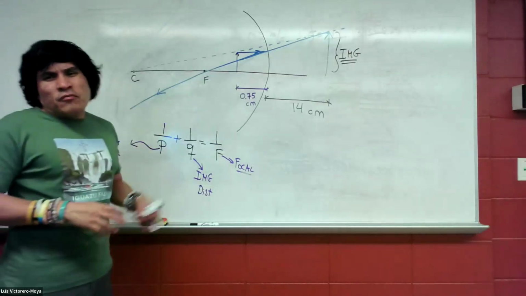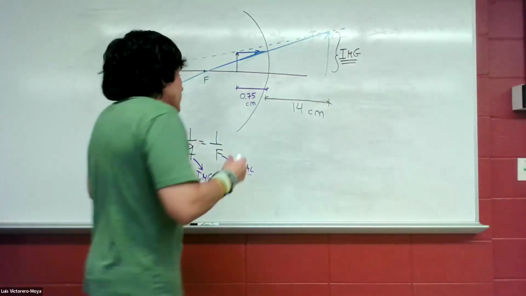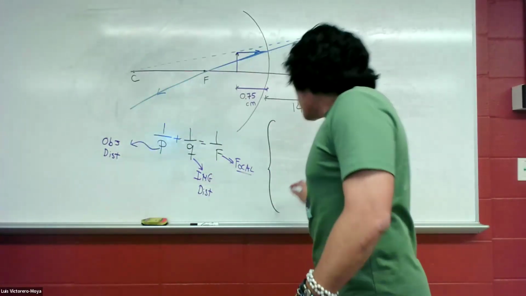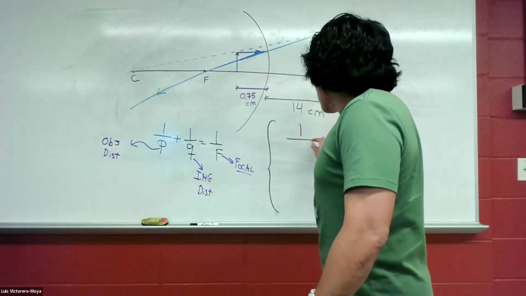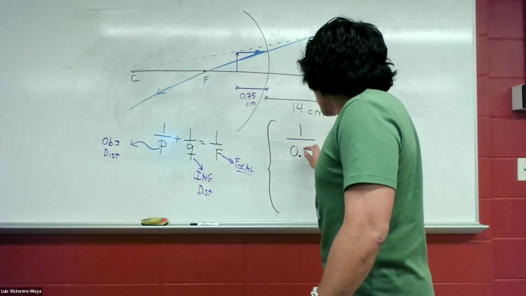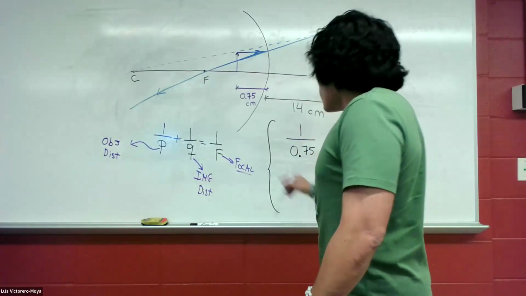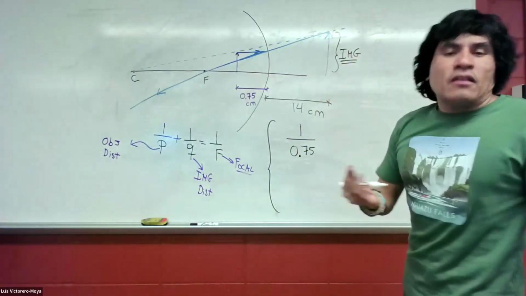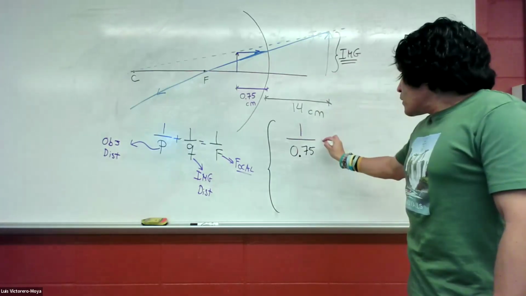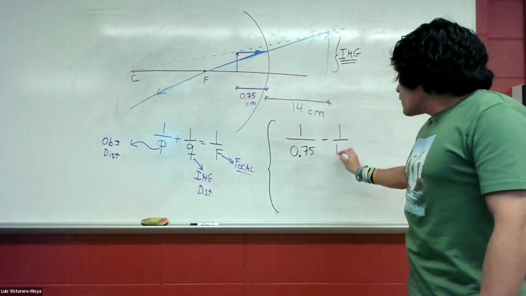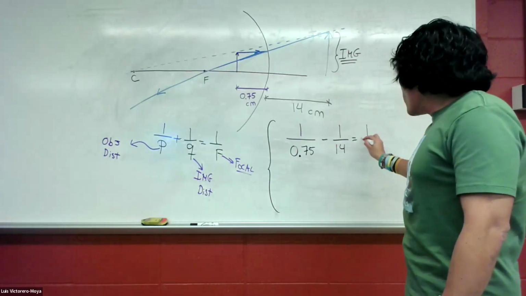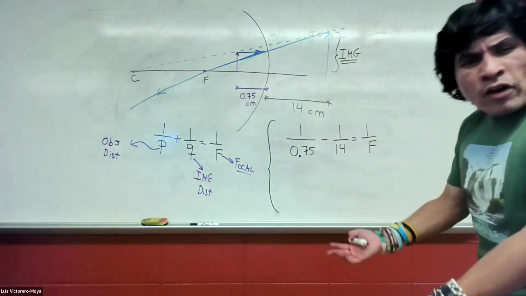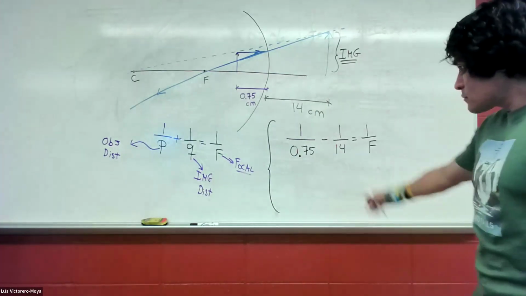Object is positive for mirrors always. But at least normally it's like that, all right? So 1/0.75. What about the image? Because the image is behind the mirror, it's negative. Negative 14. So minus 1/14. That's equal to 1 over f. And then I double the focal length and I get the values.